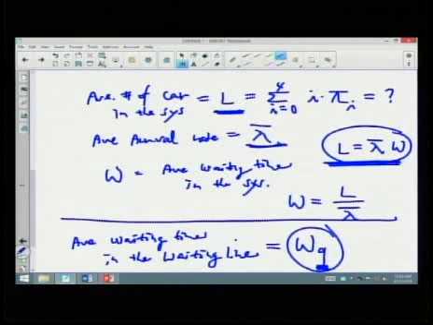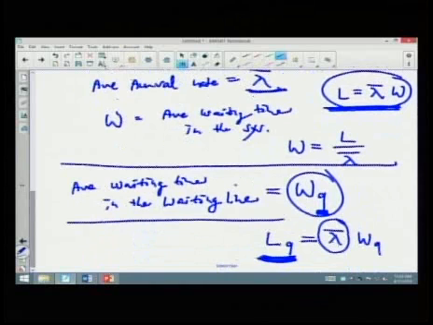Subscript Q has been added right now. So compared to R, which stands for the average number of cars in the gasoline station, in the entire system, here, RQ stands for the average number of cars in the waiting line. Okay? So can you compute that?